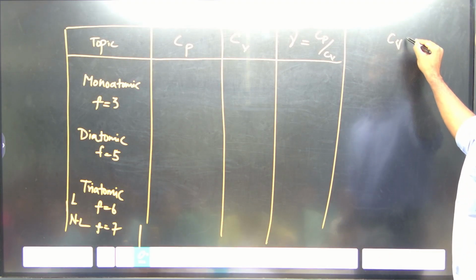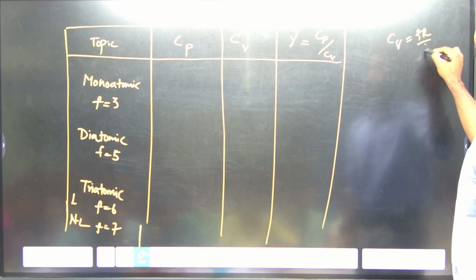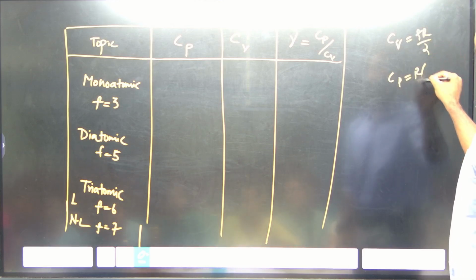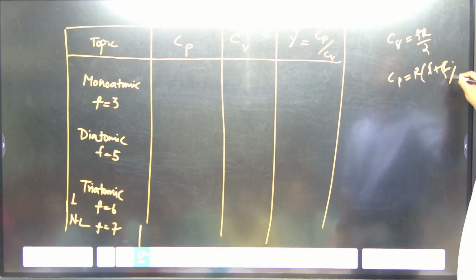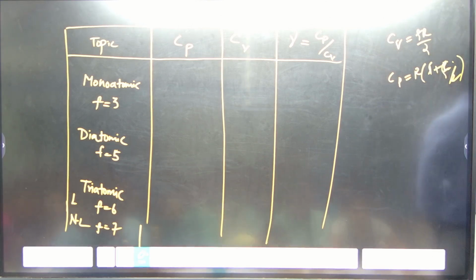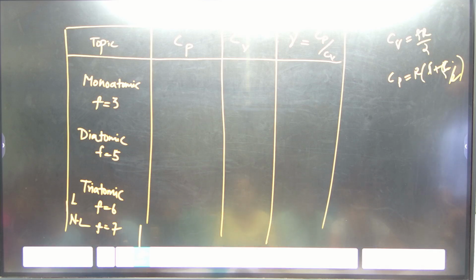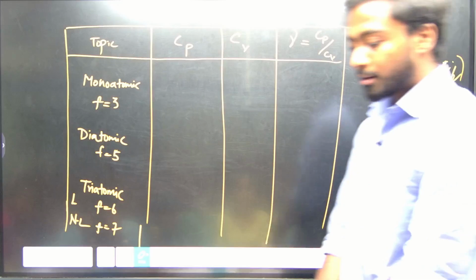So Cv is equal to FR by 2, Cp is equal to R times 1 plus F by 2. In place of F I need to substitute the values 3, 5, 6 and 7. Get it?